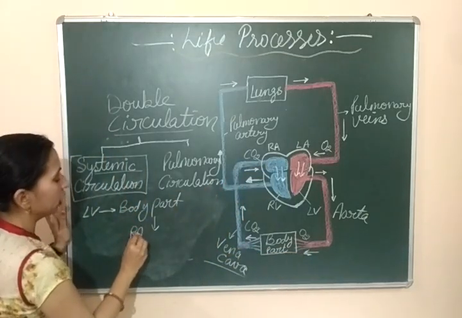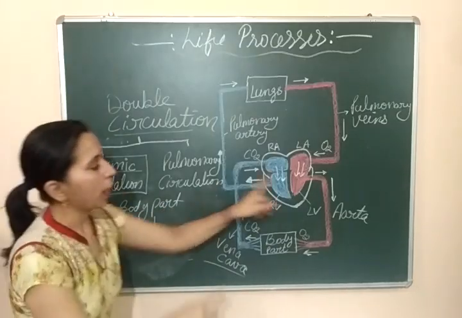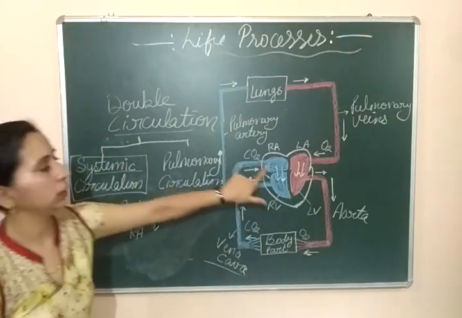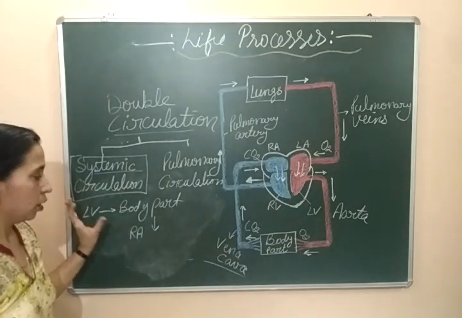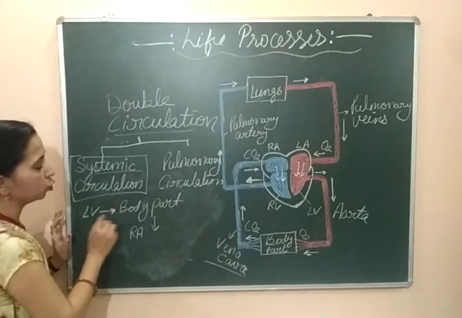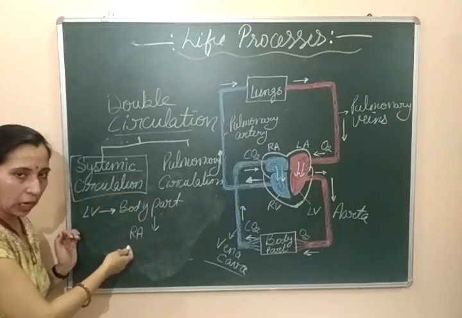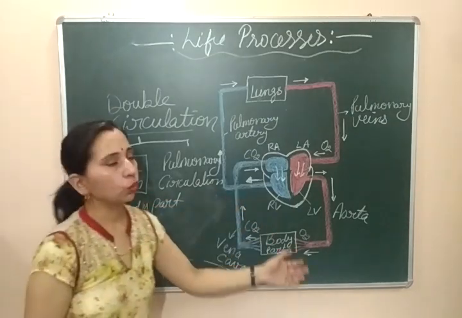Means heart से blood गया, body parts को transport हुआ, and body parts से again heart के अंदर आ रहा है. Transportation of the blood from heart to body parts and back to the heart is known as systemic circulation.